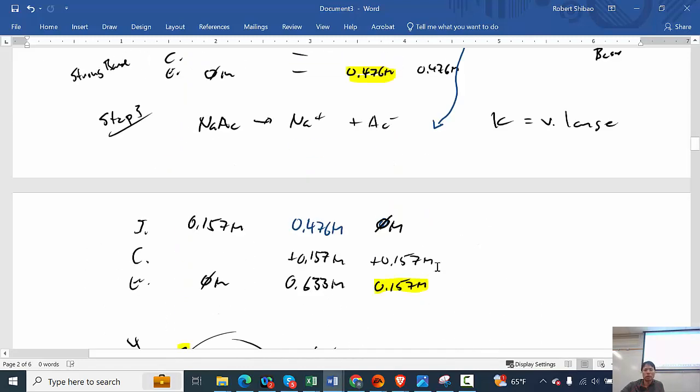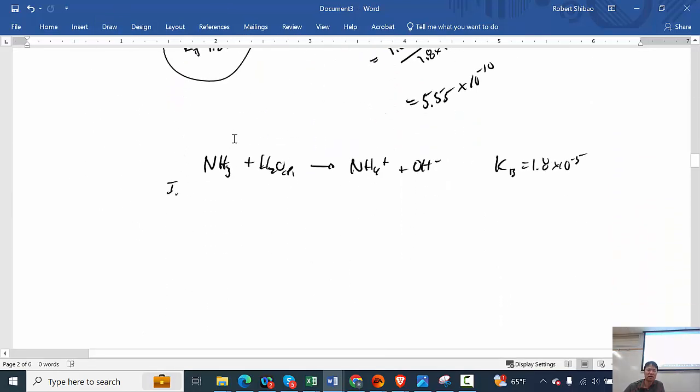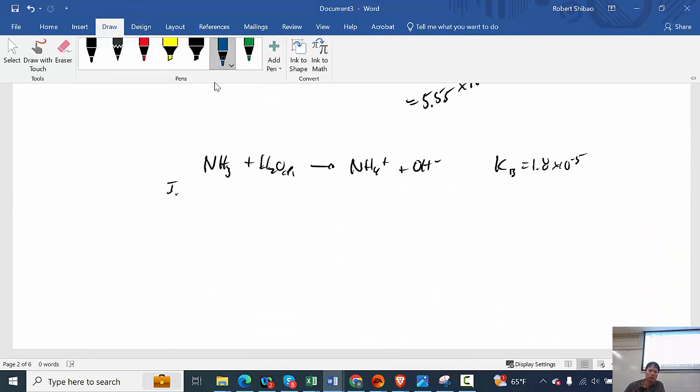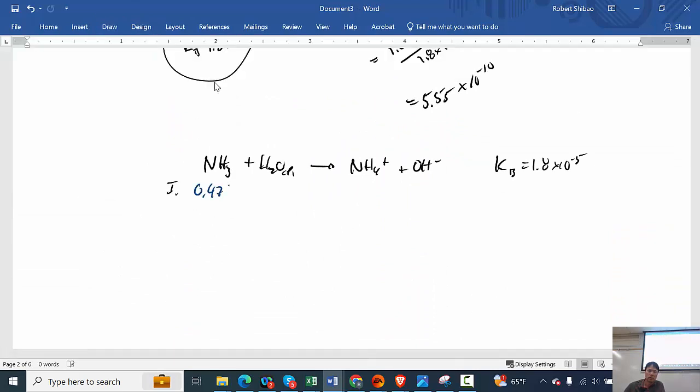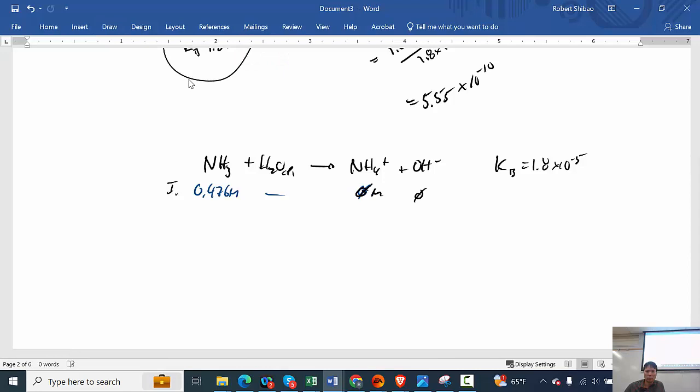So what we need to do is drop this amount, 0.476, down to the step here. The change is not going to be complete here. It's going to be minus x, plus x, plus x.